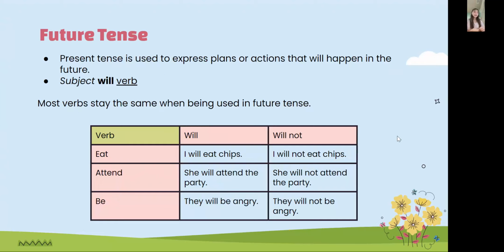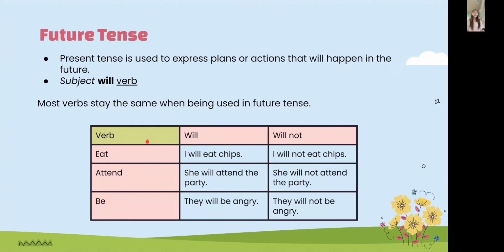The future tense is used to express plans or actions that will happen in the future. It's going to happen, but it has not happened yet. And the formula that we use is subject, will, verb.